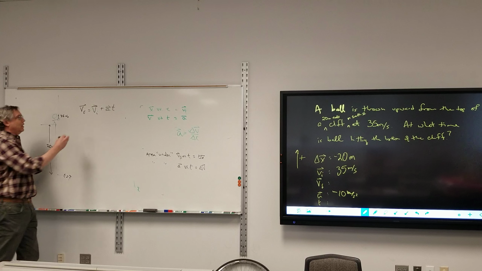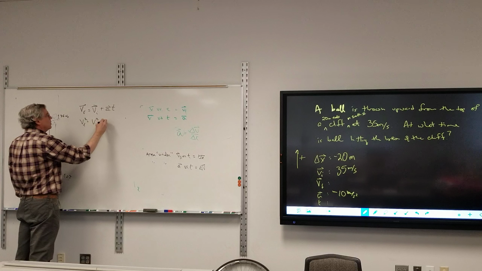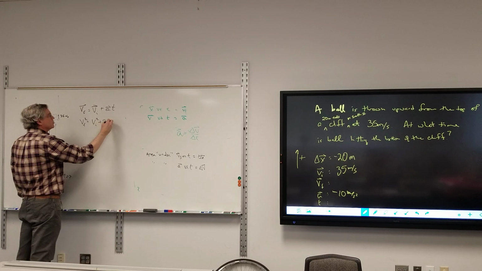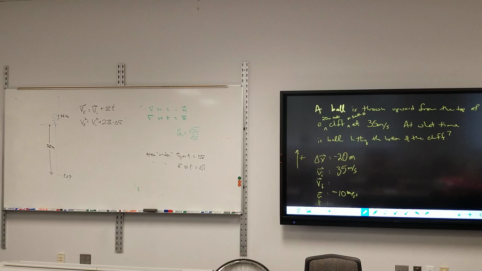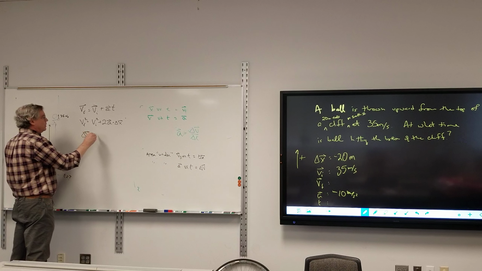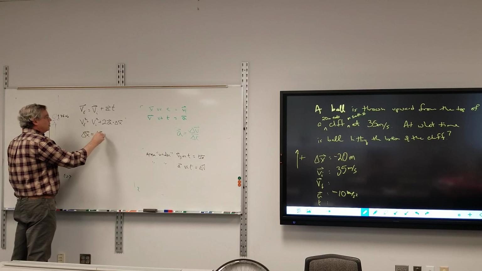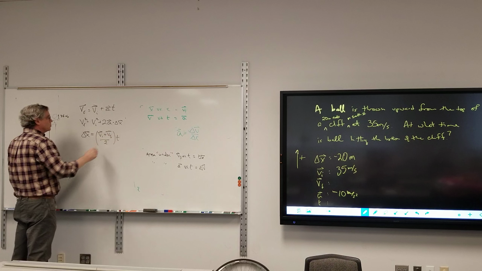vf squared is equal to vi squared plus 2a times delta x. All right, there are the two vf equations. Delta x equals, in parentheses, velocity initial plus velocity final all over 2, times time, close parentheses.